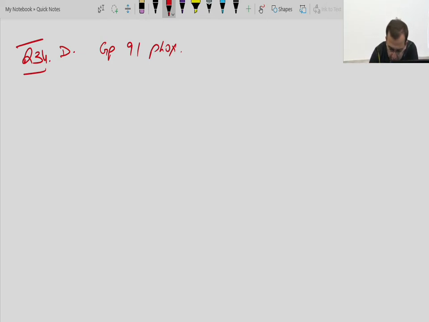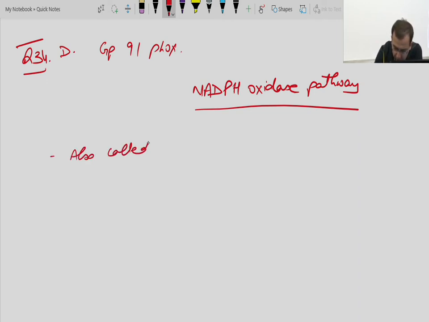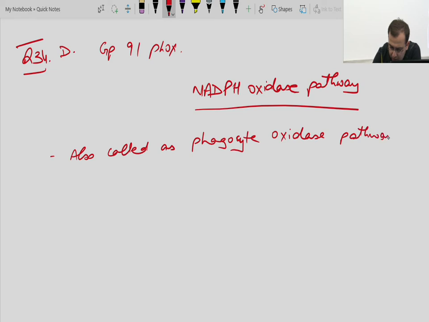The main pathway of killing is the NADPH oxidase pathway, also called the phagocyte oxidase pathway.